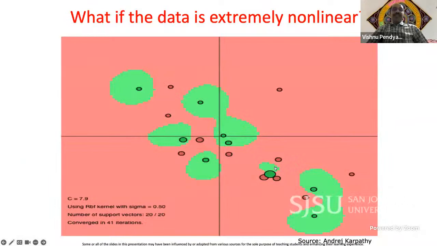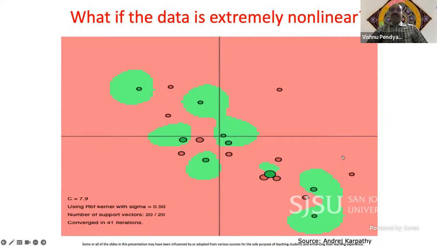Now, what if the data is extremely nonlinear? If you look at this figure, it's hard to even model it using a polynomial or anything. It's really very nonlinear. How do we deal with this kind of a thing? So can we separate the classes by exporting to, say, 3 dimensions or n+1 dimensions? Probably no, right? So we might probably need infinite dimensions.